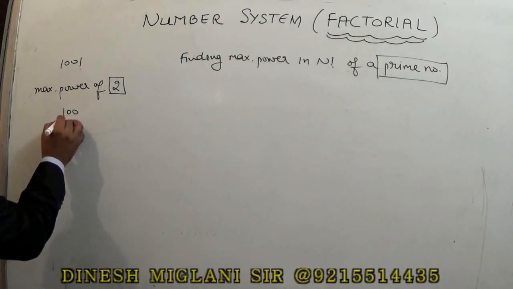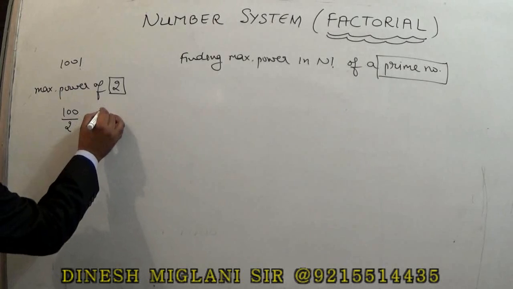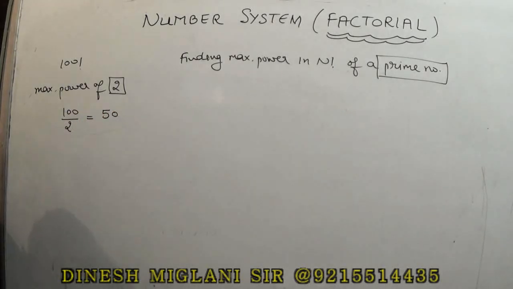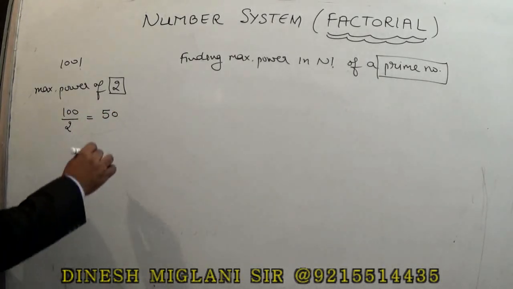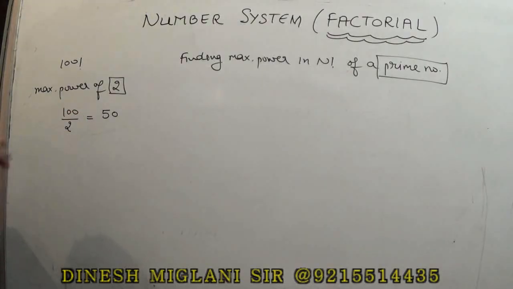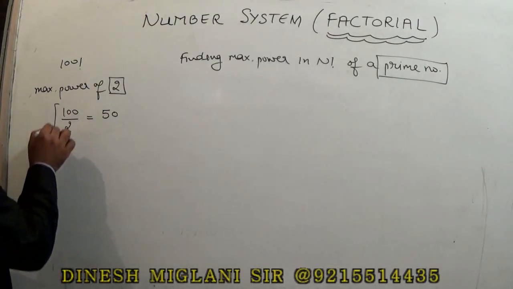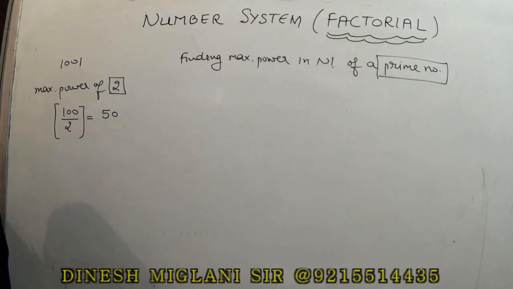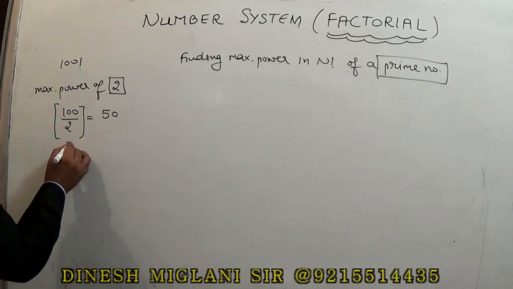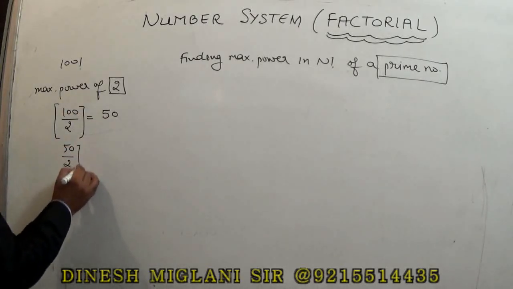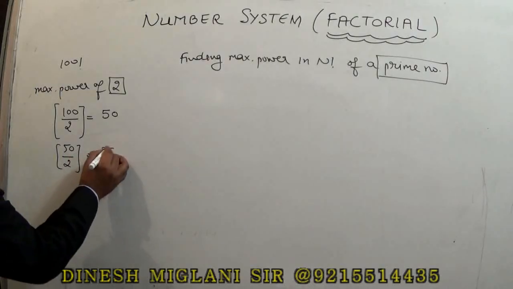First divide this number by 2 and find the quotient. Your quotient would be 50. If this is a decimal, take only the integral part. Now divide this quotient by 2 again, you get 25.